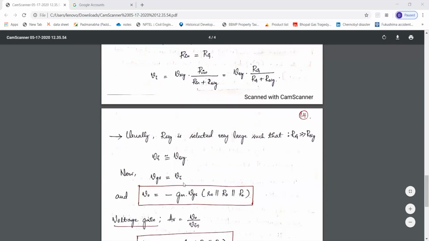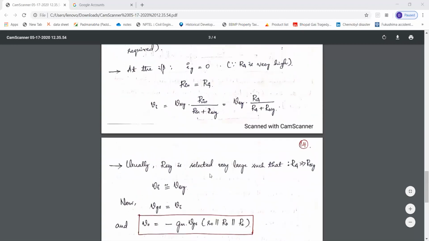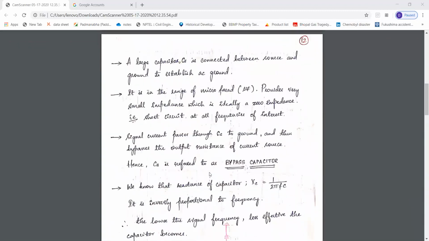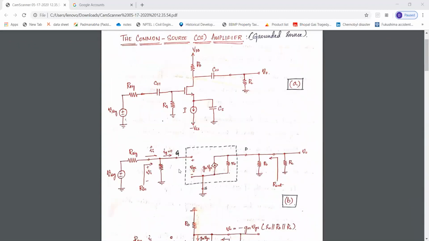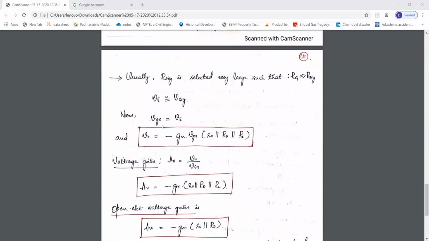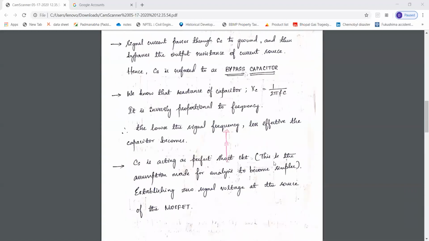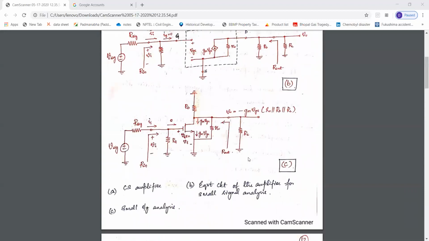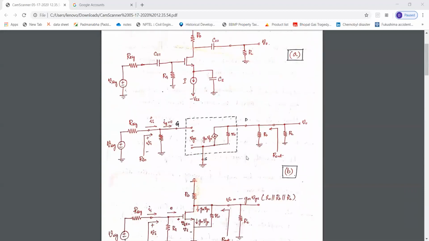Now this Vgs is equal to Vi. Here we have Vgs, here Vi. This Vi is equal to Vgs. So that is written here. And the output voltage is equal to the general formula of voltage. What is it? I into R, isn't it?